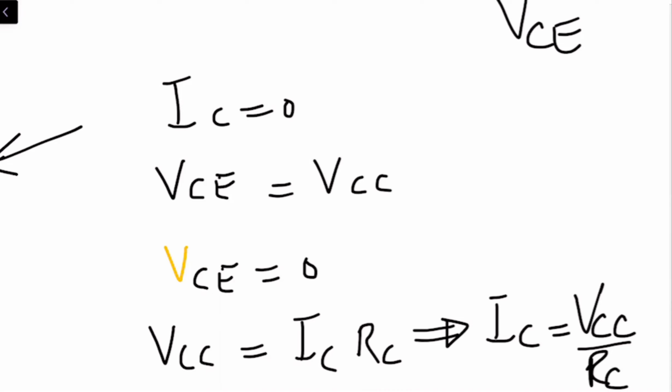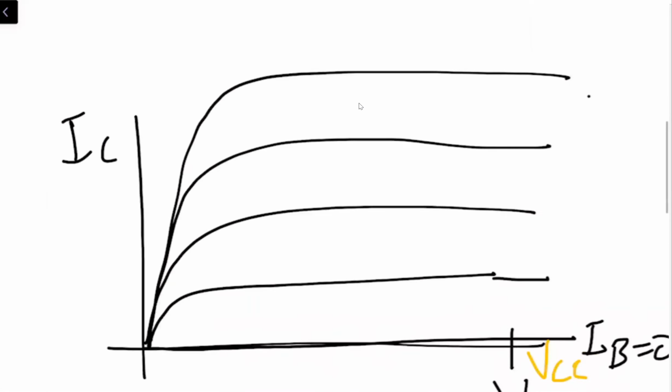So this means on the characteristic curve, I'm going to get another point over here, which is IC is equal to VCC divided by RC.